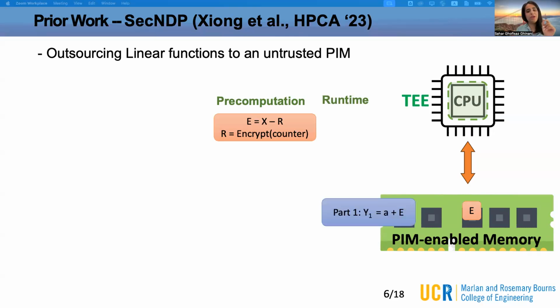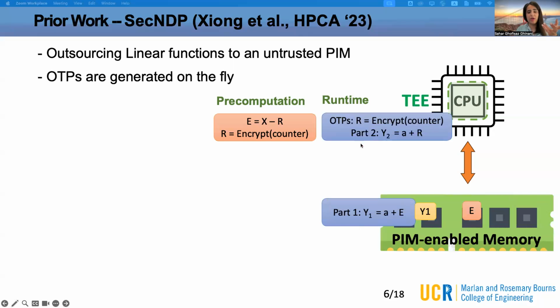During runtime, the kernel computation is performed over the ciphertext on the PIM. And at the same time, the same computation is performed on the TEE over the one-time pads. These one-time pads are generated on the fly, so there is no need for data communication between memory and the TEE to perform the computation over those one-time pads.